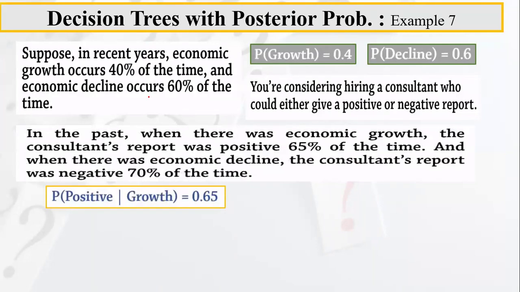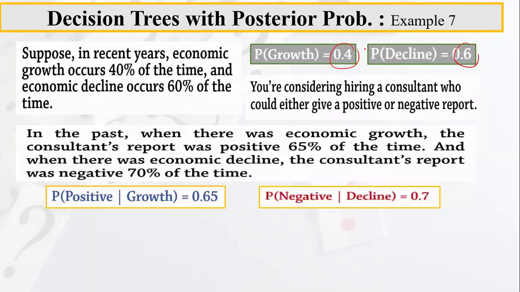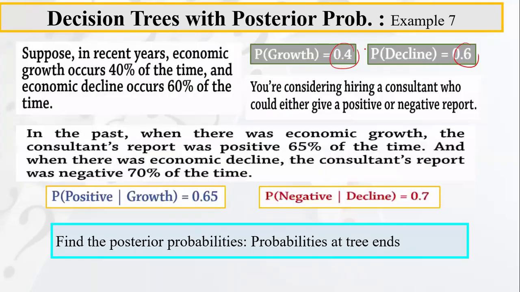Probability of growth is 0.4. Probability of decline is 0.6, obviously. So, positive growth, given as growth, okay? So, consultant report is positive, consultant report is negative.